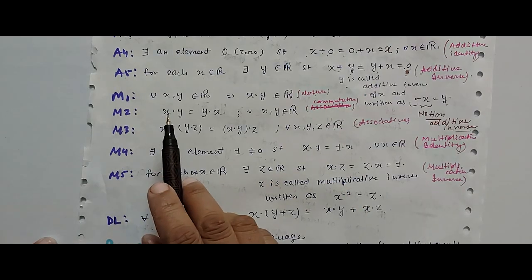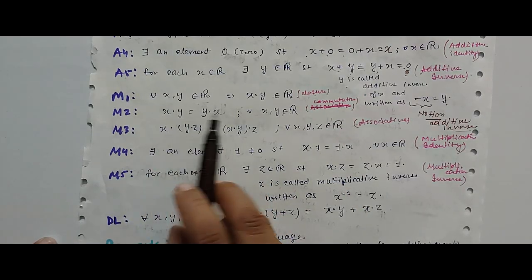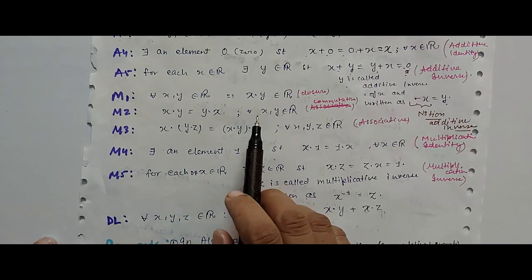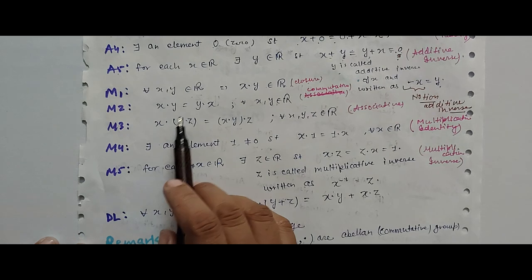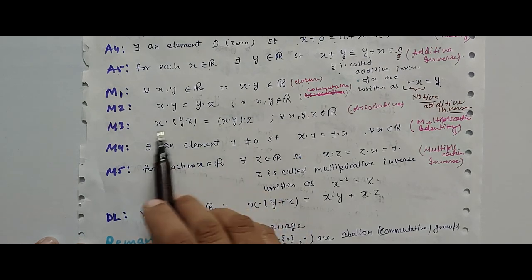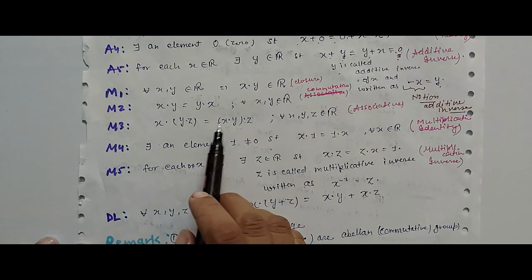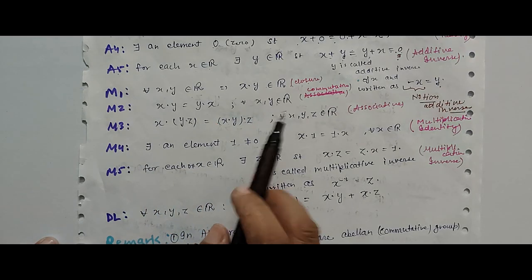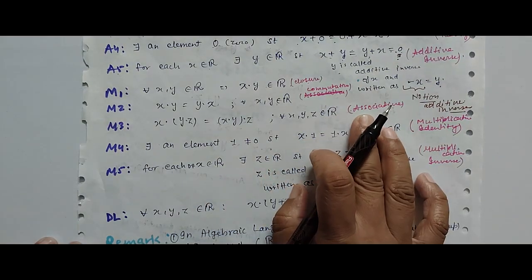The commutative law says for two elements, x into y is the same as y into x. If you change the order, there will be no change in the result for all x, y belongs to R. Third is the associative law. If you take the bracket either this way or this way, the result will not change: x into (y z) equals (x into y) into z for all x, y, z belongs to R. This is called the associative law.